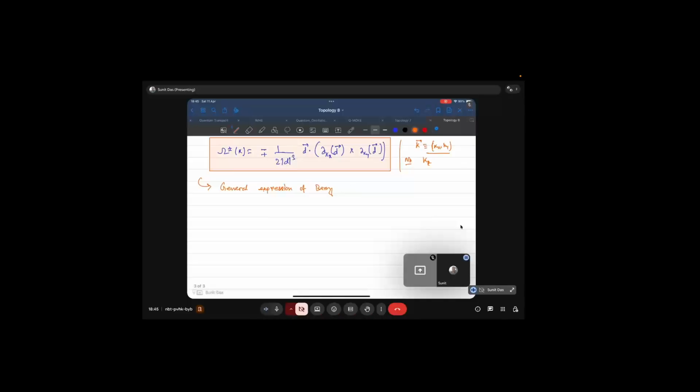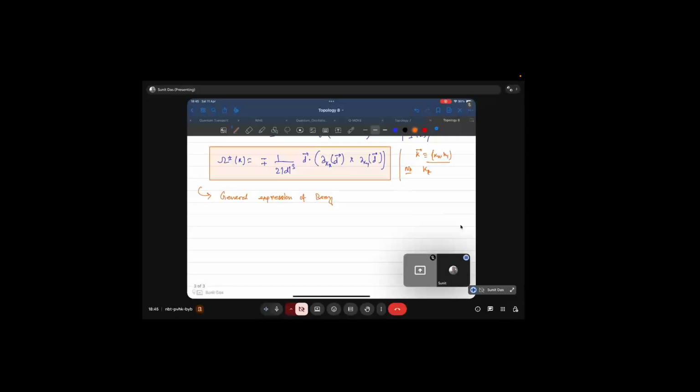You can just derive the eigenenergy, eigenvectors, and arrive at this expression.